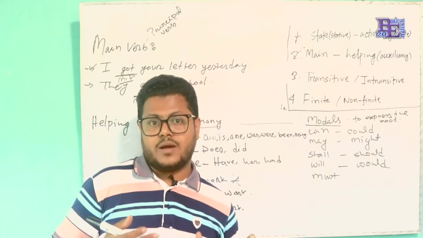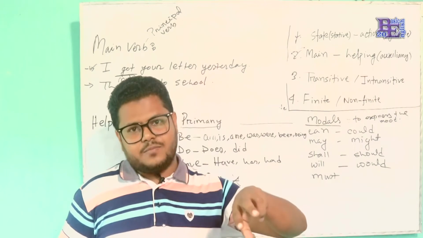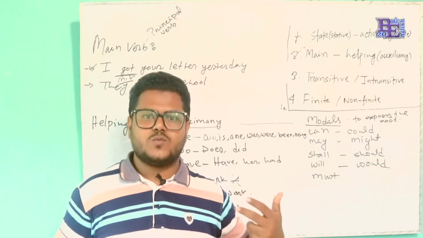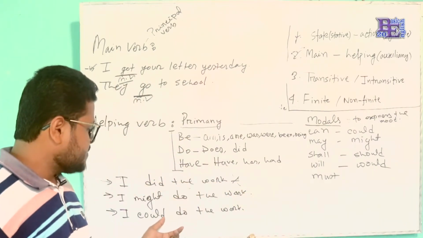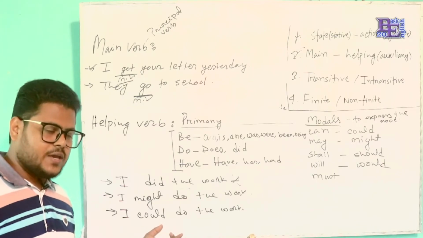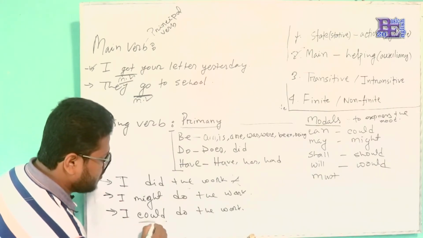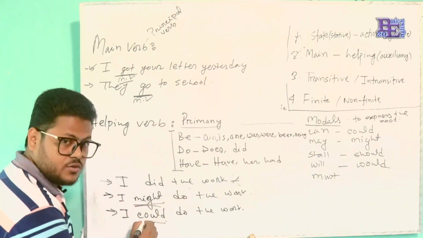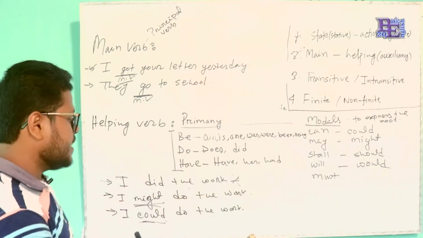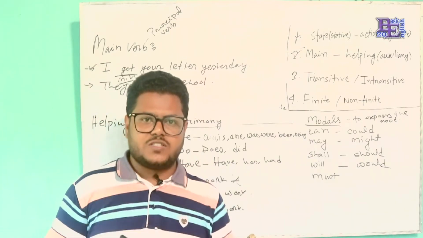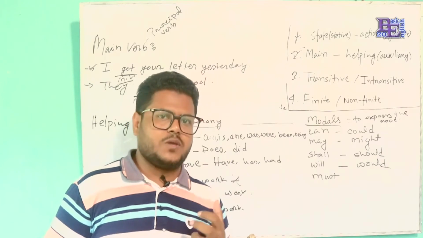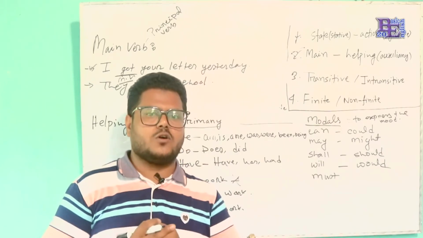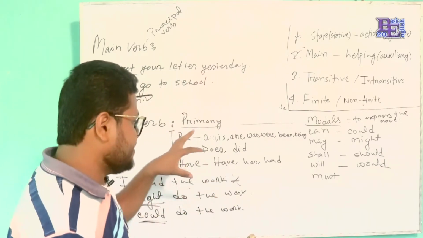So what is my mood? My mood is that I have the ability to do the work. It has expressed your ability. So this is another example of modal auxiliaries. They are called modal auxiliaries because they are used to express the specific mood of the speaker. Hope you have got a clear concept of these.